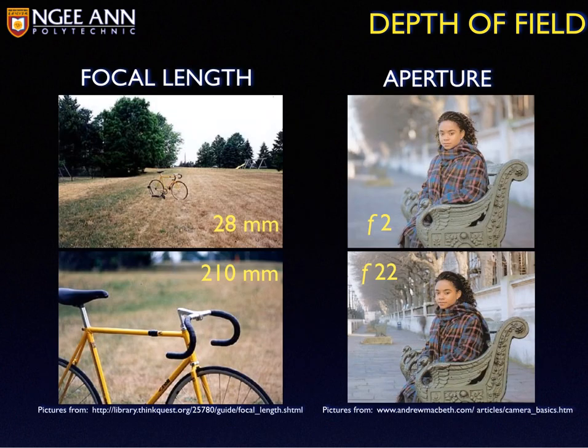So one of the best examples to show you is this slide. Now if you look at this lens, this is a 28mm lens, which means it's a wide angle lens because the focal length is very, very short.